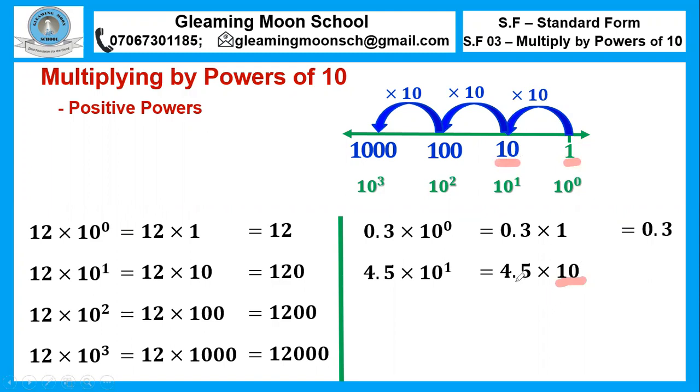So this decimal point here will move to the right when you multiply by a positive power of 10. So instead of being between 4 and 5, it will now come after 5. And that is going to give us 45.